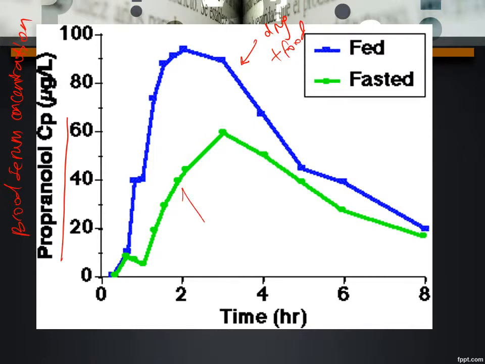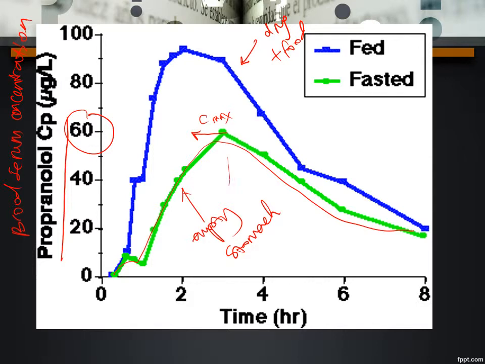Fasted means empty stomach. So when the drug is given alone on an empty stomach, this is the absorption, and the peak concentration, which is Cmax, is 60, and the Tmax, the time where the maximum concentration is achieved, is around 3 hours. So this shows that propranolol is better taken with food for better absorption.